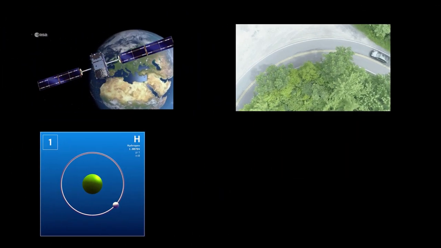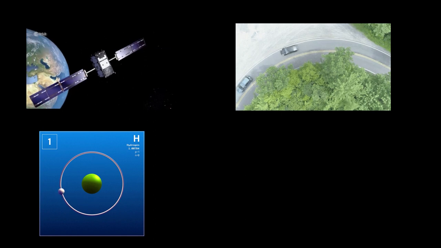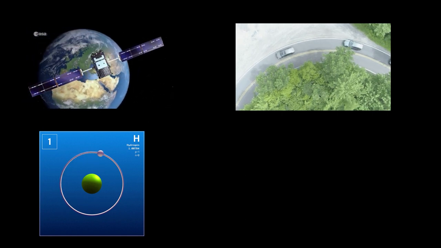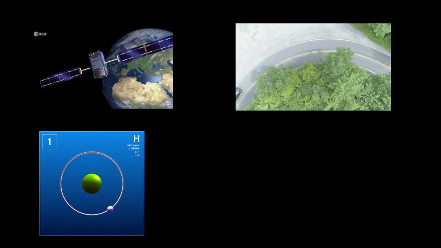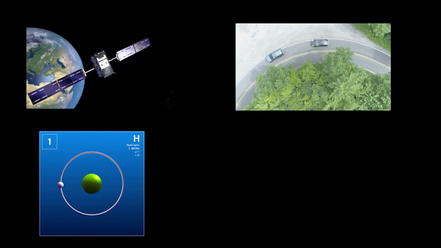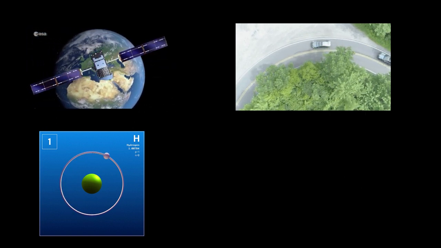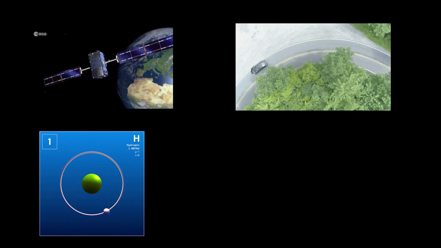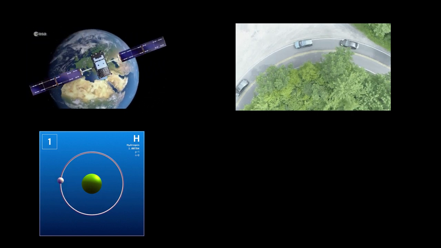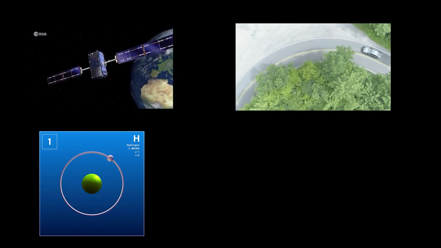So if you were to see this, this satellite here is in circular motion. Why? Because it is exhibiting a circular motion. This is the direction of the circular motion.